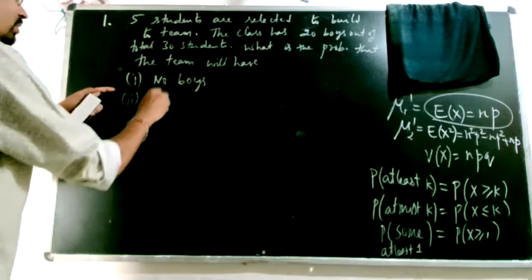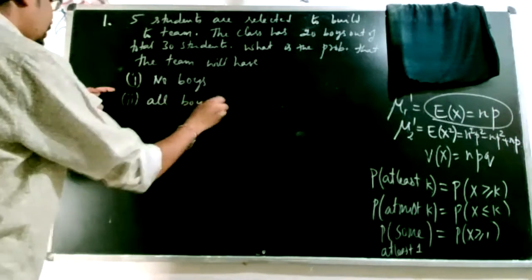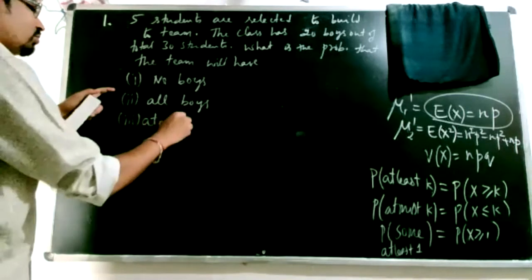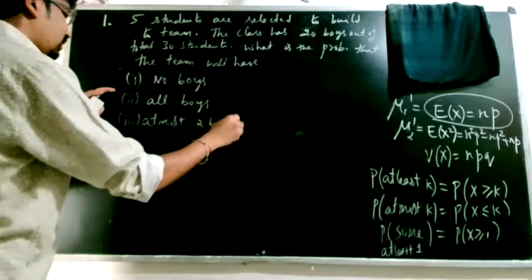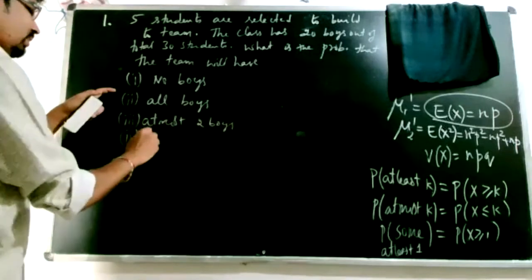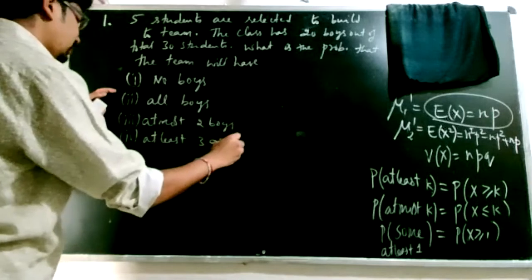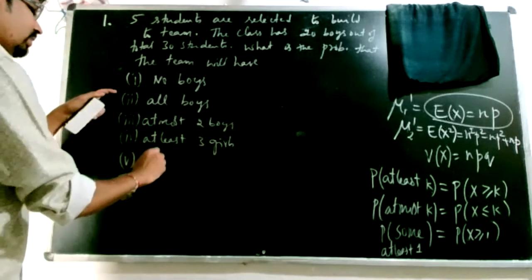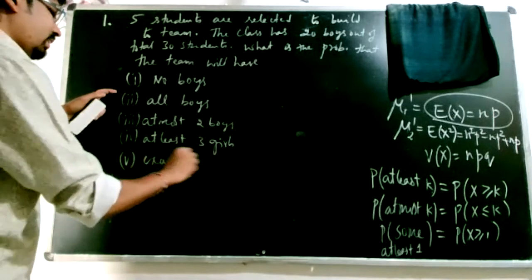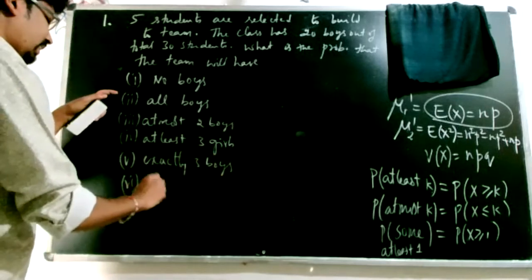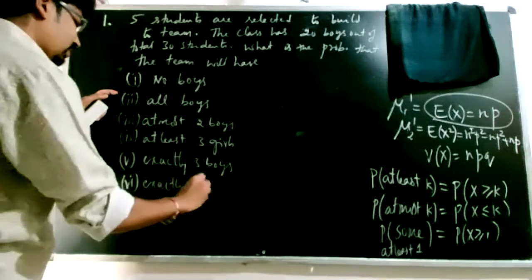Second one, all boys. Third one, at most 2 boys. Fourth one, at least 3 girls. Fifth one, exactly 3 boys. Sixth one, exactly 2 girls.